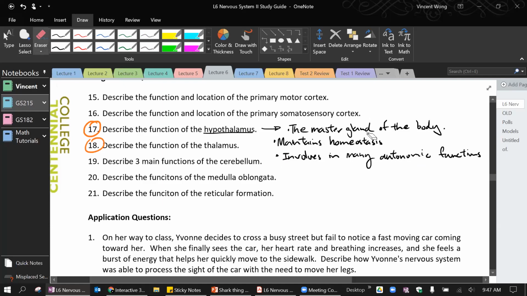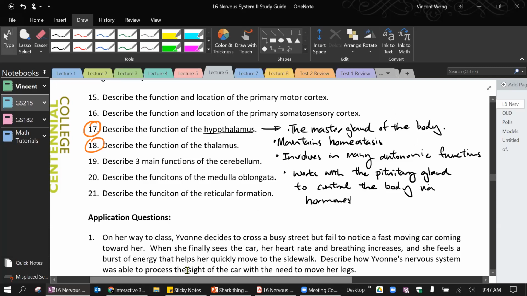It's called the master gland because it uses hormones to control a lot of other glands in the body. So it works with the pituitary gland to control the body via hormones.